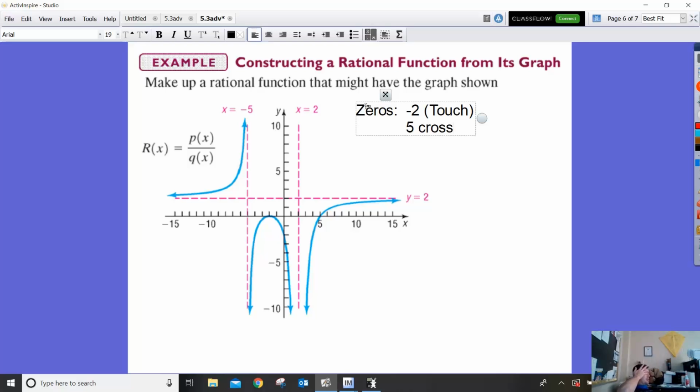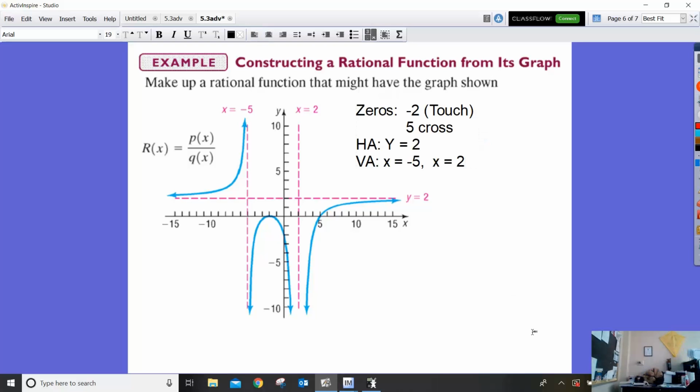I don't know if you remember those words touch and cross from Algebra 2 or not. They're a big deal. Do you have a horizontal asymptote? That y equals 2. You actually have two vertical asymptotes. X equals -5 and x equals 2.